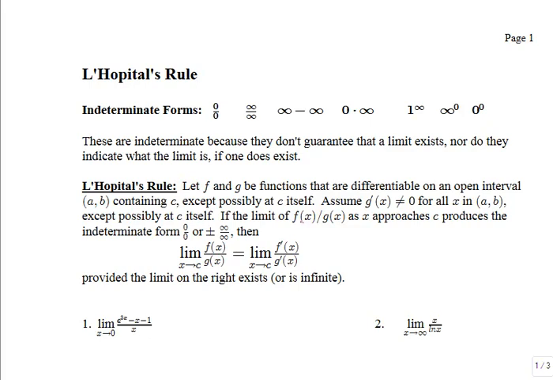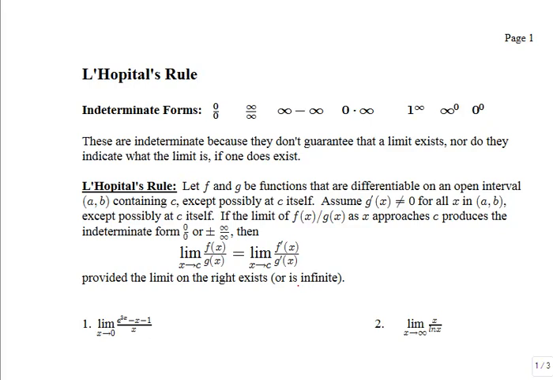If the limit of the quotient of f of x divided by g of x as x approaches c produces the indeterminate form 0 over 0 or plus or minus infinity over infinity, then the limit of this quotient becomes the limit of the quotient of the derivatives, provided the limit on the right exists or is infinite.